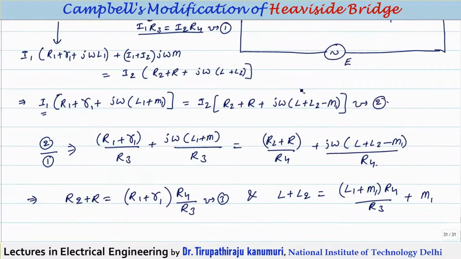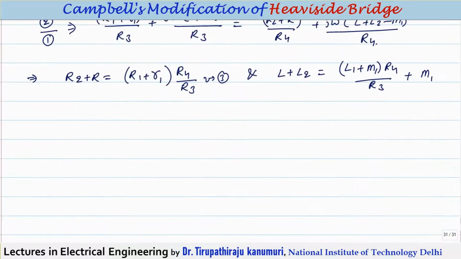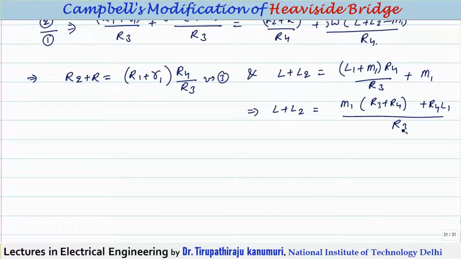Similar is the case here also: wherever M is there, take it as M1. Getting it? Because under balance it is M1, I forgot to write it. Now we can simplify it further. From this I can write L plus L2 is equal to M1 multiplied by, if you are taking R3 as common, R3 plus R4 plus R4 into L1 divided by R3. Let us take it as equation number 4.